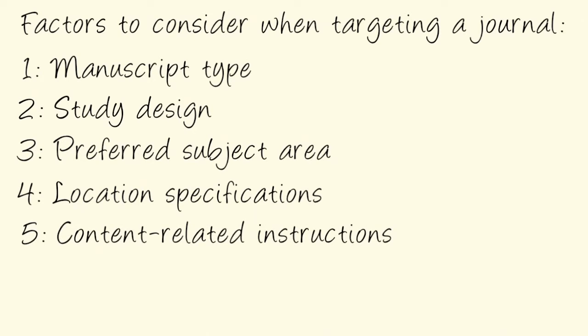By this, we mean specific advice on the statistics you need to use, the methods, the sample type, the sample size, and so on. This could vary from one journal to another. So these 5 factors, namely the manuscript type, the study design, the preferred subject area, the location, and finally the content-related instructions. These 5 factors are important to check.